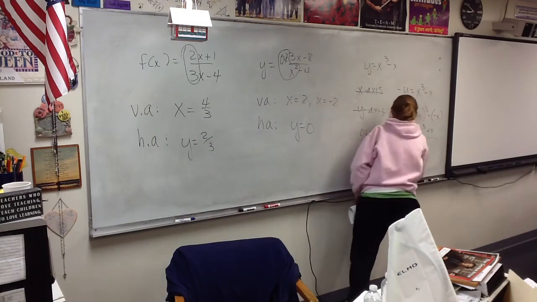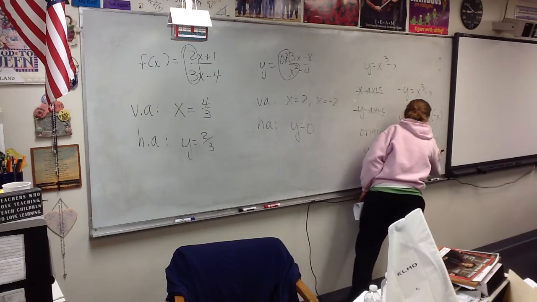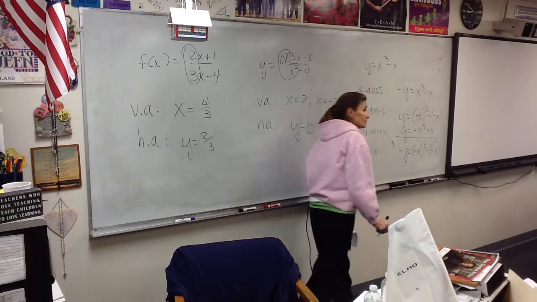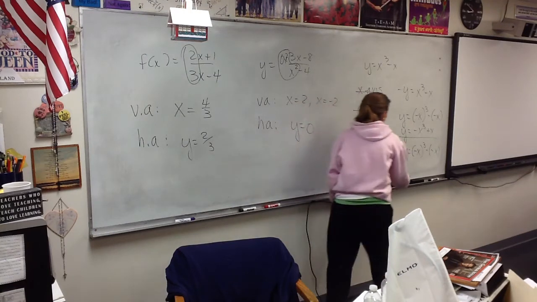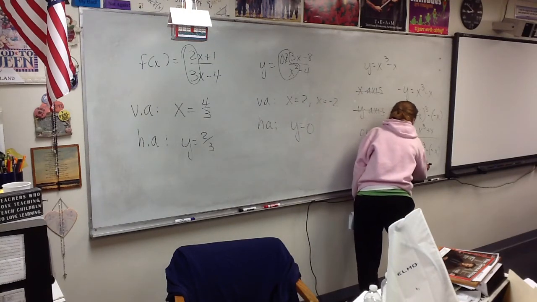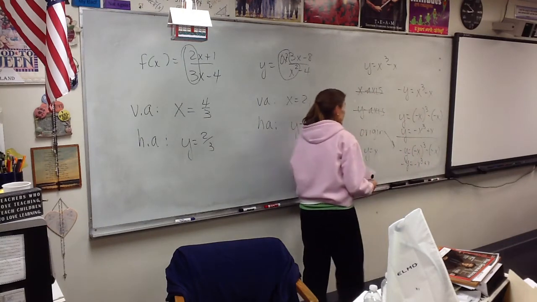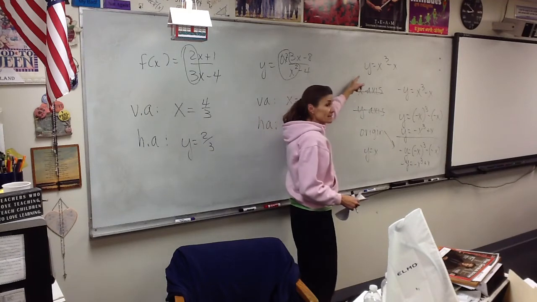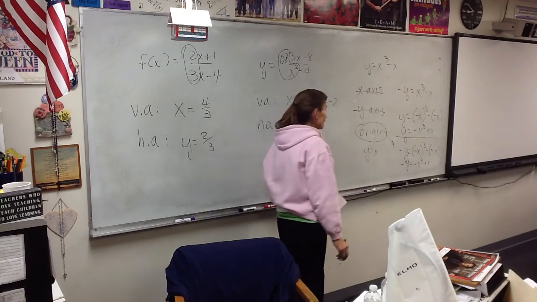Change them both. So that would be negative y equals negative x cubed minus negative x. This looks promising. Because negative y equals negative x cubed plus x. What happens when I divide through by a negative? Don't I get the same thing? So that one has symmetry about the origin.